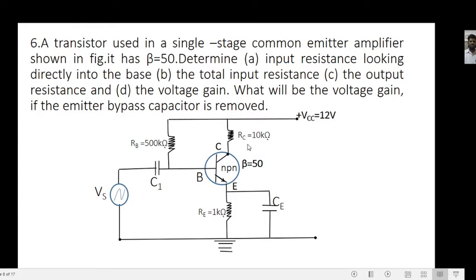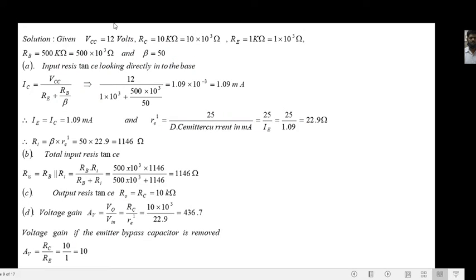Rc is the collector resistance, 10 kilo ohm. Base resistance is 500 kilo ohm. Solution. The given Vcc is equal to 12 volts, Rc is equal to 10 kilo ohm, Re is equal to 1 kilo ohm, Rb is equal to 500 kilo ohm, and beta is equal to 50.